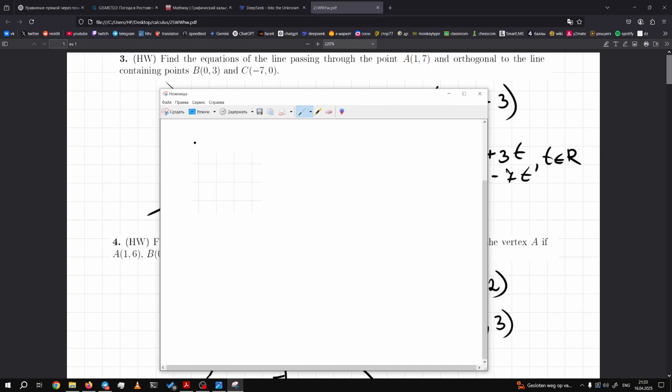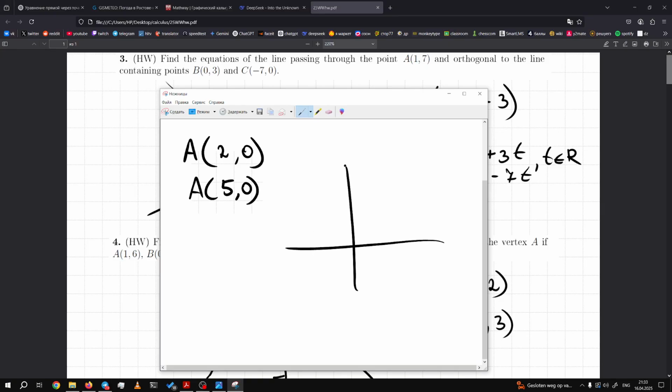So if you have points A, 2, 0, and B, 5, 0, let's show it on the graph. X, Y, so A is at 2, 0, this point, a different notation of course, and B is this point.